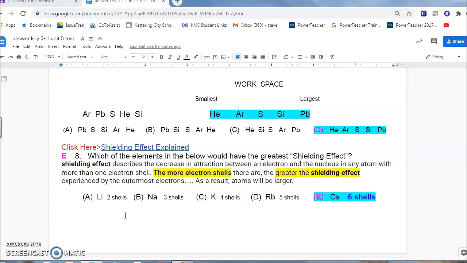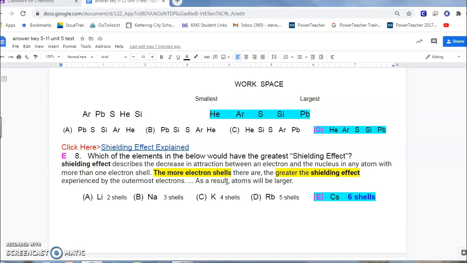So atoms that are large are going to have their outermost electron being held even more loosely due to the inner levels getting in the way. As it says here, the shielding effect describes the decrease in attraction between an electron on the nucleus for atoms that have more than one shell or inner level. The more electron levels or shells it has on the inside, the greater the shielding effect. So big atoms are even bigger than you would expect.